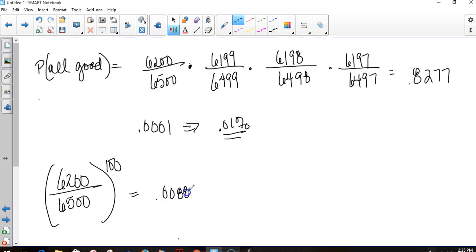As a percent, 0.88%. So if you had to go in and pull out 100 tires, even though only 300 are defective, what's the probability that all 100 of the tires that you pull out of the 6,500 will be good? Less than 1%. So you better have a plan of how you're going to deal with people coming back and returning defective tires.